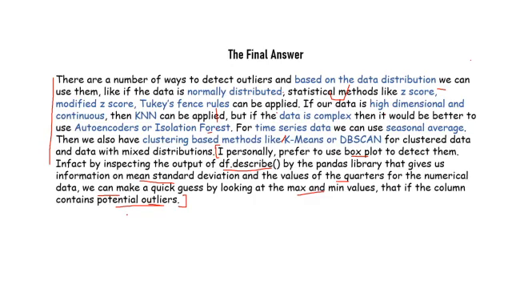And df.describe, if you work with it, gives you a plethora of information, and based on Tukey's rules and z-score or modified z-score, you can make a very educated and calculated guess whether a particular data column contains outliers.